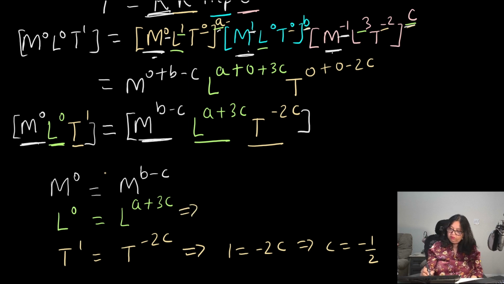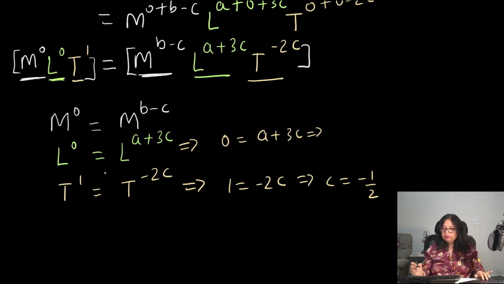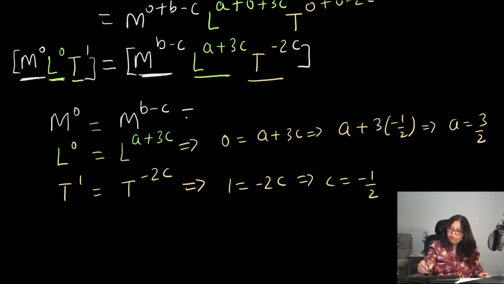From this equation, I get 0 equals A plus 3C. Now I know that C equals minus 1 half. That gives me A equals 3 halves. Okay. First equation, 0 equals B minus C. What is B?